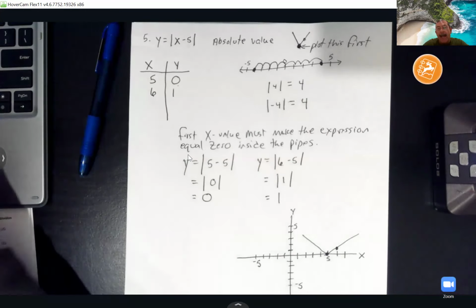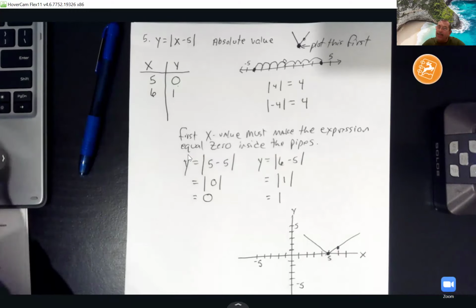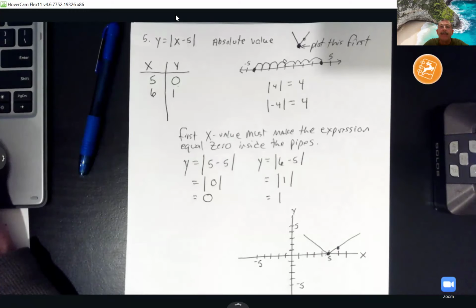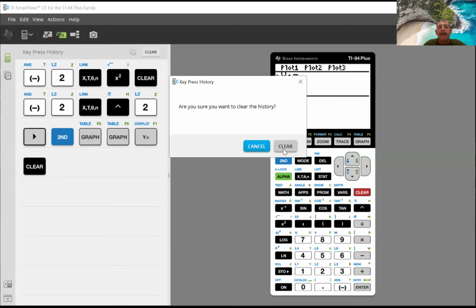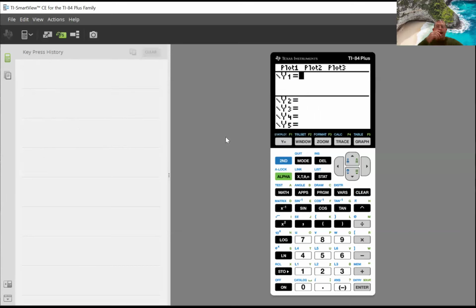Now, I'm going to show you this on the calculator. It's a little trickier on the calculator. All right, so let me go to Y equals. I'm going to clear everything out. So the first question is, where's the absolute value at? Well, you have 2 ways to find it. The first way: down here on the 0, it says catalog.